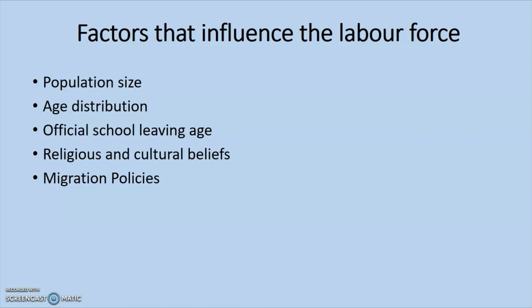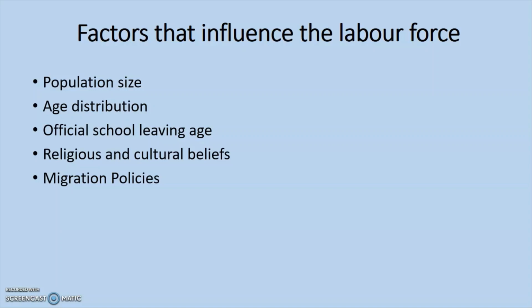That is immigration. So if a country's emigration policy is very weak, it means that people can easily leave the country. That is, people are leaving Ghana to settle permanently in another country. With that situation, it will affect our labor force, meaning that the labor force of Ghana is going to reduce. Why? Because people are leaving the country.